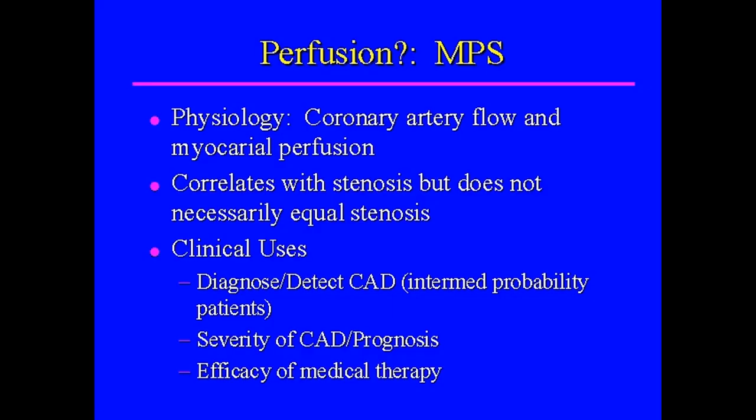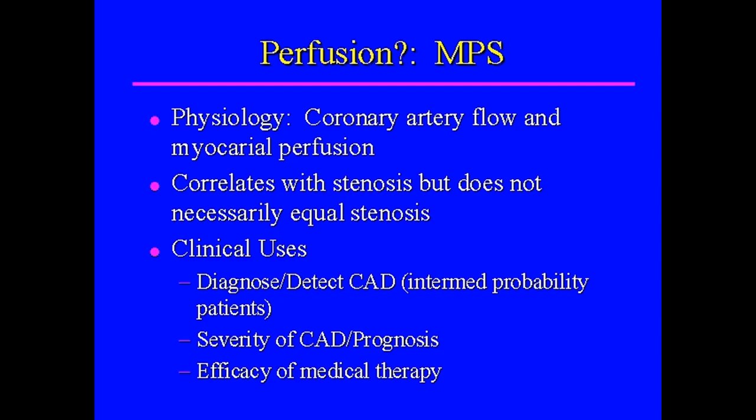When we're looking at myocardial perfusion scans, we're looking at coronary artery flow and myocardial perfusion. We know that this correlates with stenosis, but it does not necessarily equal stenosis. What we're really trying to ascertain is whether any significant stenosis that we see has significant ischemia or not. Clinically, of course, we want to use it to diagnose and detect coronary artery disease.